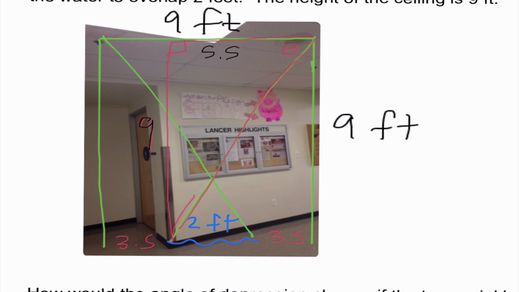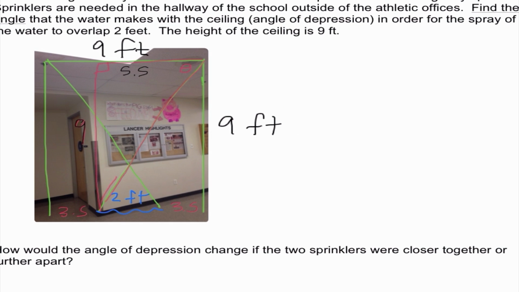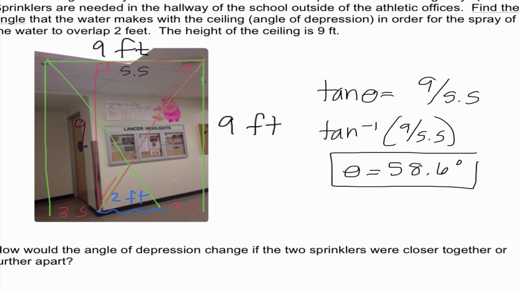As soon as I determine that, to find this angle, I see we have the opposite side and the adjacent side. So I know that I'm going to do the tangent of theta equals 9 over 5.5. So in my calculator, I'm doing tan inverse of 9 over 5.5, and I end up getting that theta is 58.6 degrees.